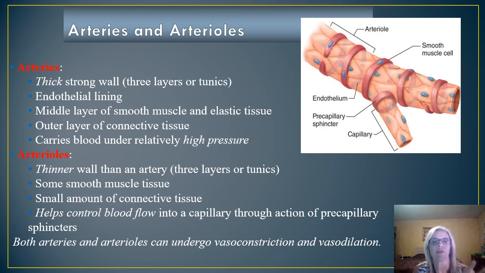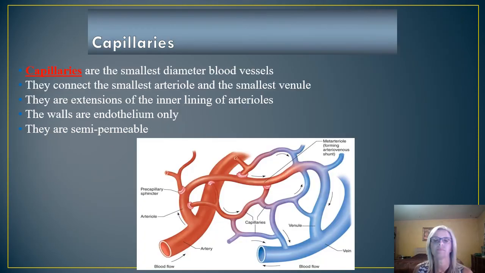So arteries carry that blood under really, really high pressure. Arterioles, the pressure is going to be lower, but they still help control blood flow, all right? Capillaries are the smallest. These have the tiniest, smallest diameter blood vessels, and they connect the arteriole to the smallest venule, which is basically the smallest portion of a vein. And so they're extensions of the inner lining of arterioles.